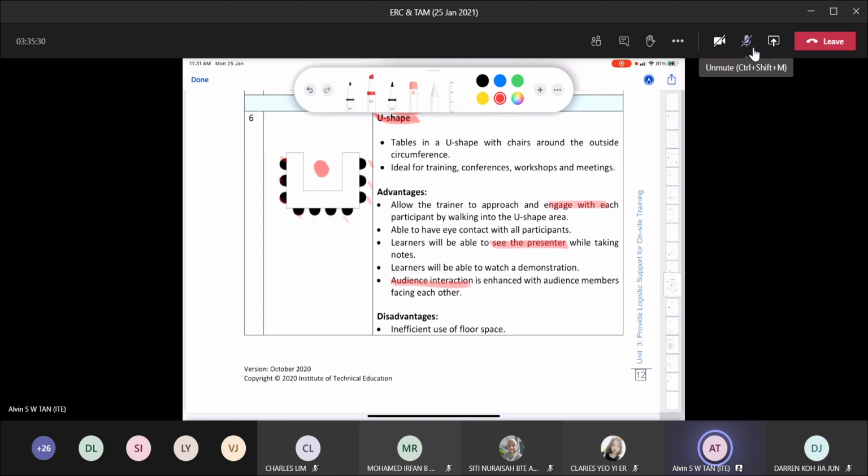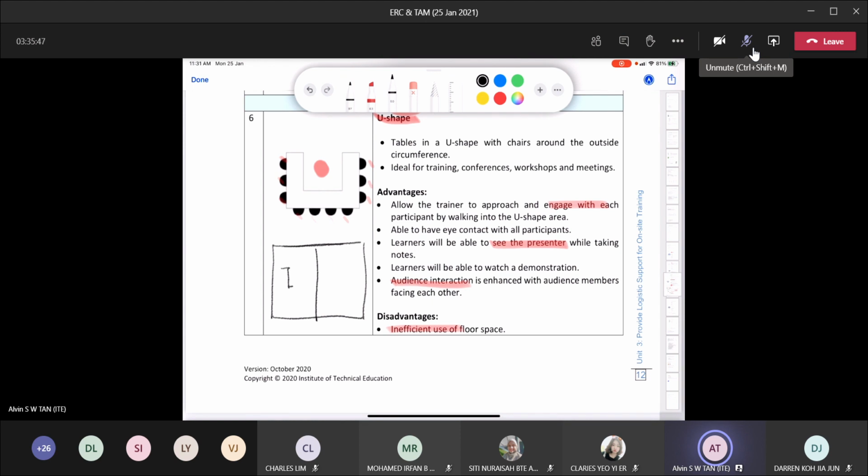However, this is true: it is very inefficient. Why? I'm going to draw it out for you. If this is the room, you have a U shape. Let's say both are the same room.